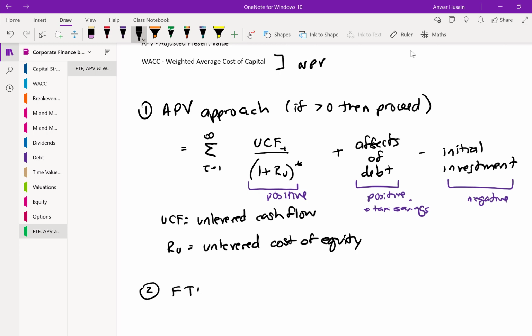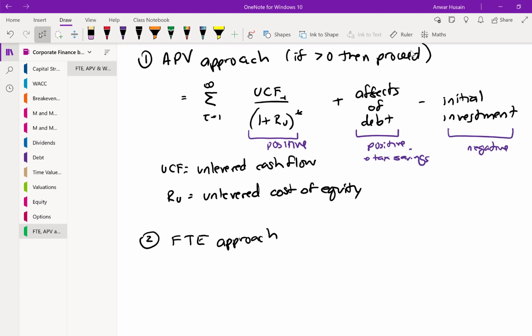Now, what is the flow-through equity approach? The formula is a little bit different. The flow-through equity uses levered cash flow.